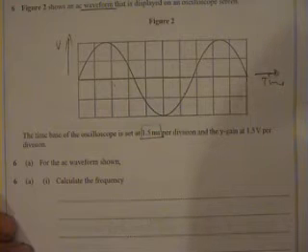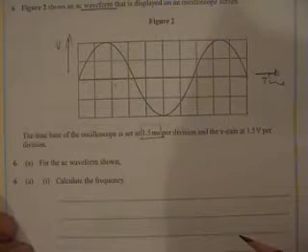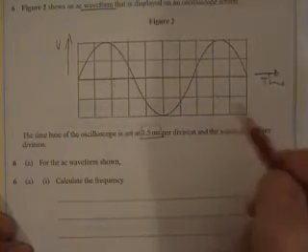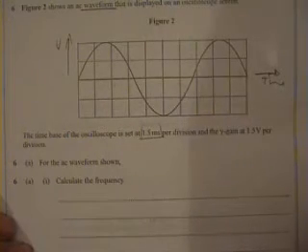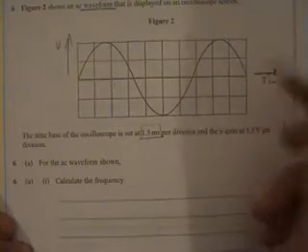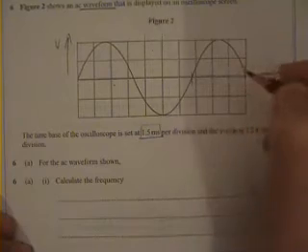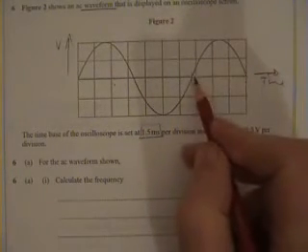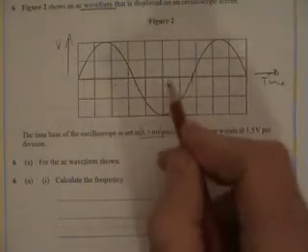Well, the frequency is how many cycles we get in 1 second. Often in questions like this we'd look at one complete cycle, but it starts there and finishes there, which is awkward because we don't know exactly how many squares it takes.